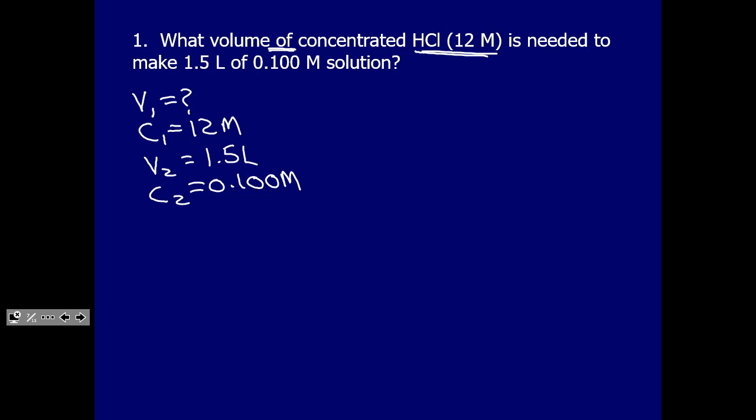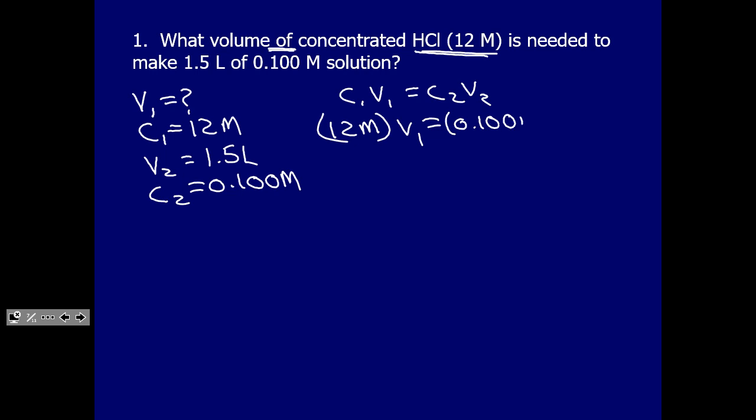Now I write down the equation. C1V1 equals C2V2. I stick the numbers in, I do a little dividing, and I get an answer. C1, 12 molar. V1, that's the unknown. C2, 0.100 molar. But I should put the unit in just to show you what happens to the unit numbers.